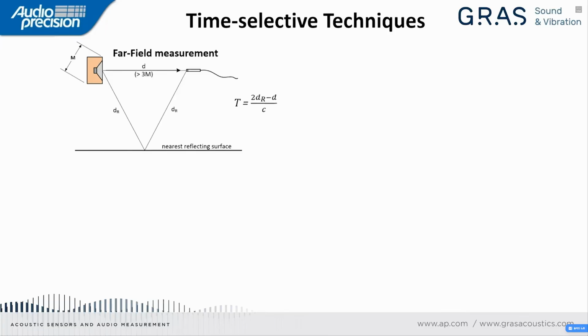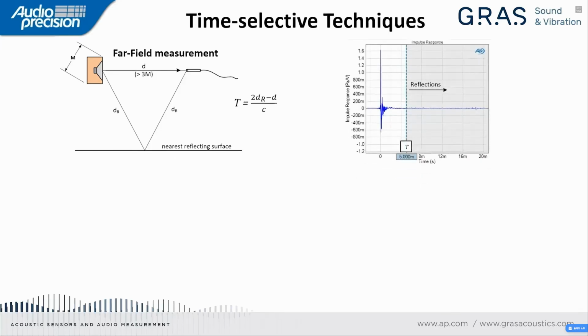You can then calculate the time when you should receive the first reflection based on the distance to the microphone and the distance to the nearest reflecting surface. And you can see that calculation on the screen now. And that's represented by T.